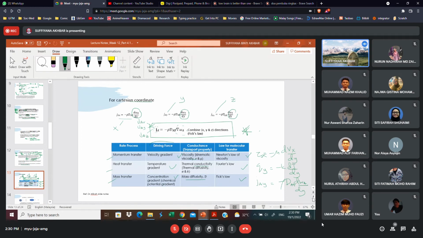From my analysis, this table is a very popular question in the final exam. Normally, for question number 1, it is frequently asked about the differences between these three transfer phenomena. So make sure you know what the differences and the similarities are.